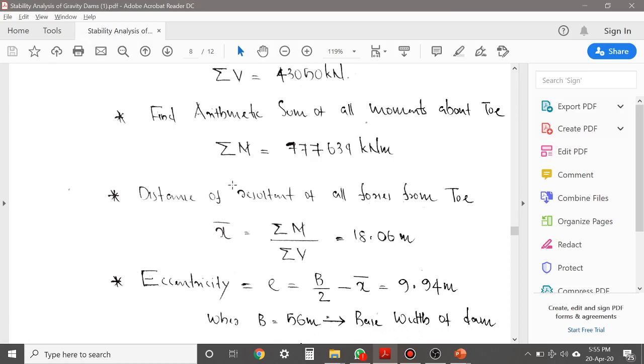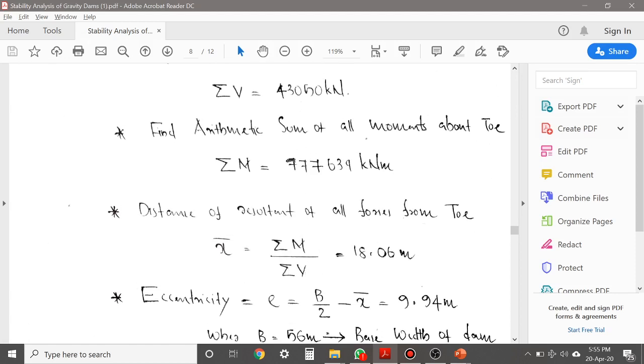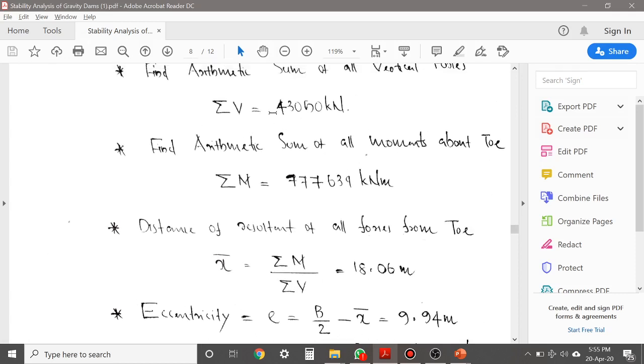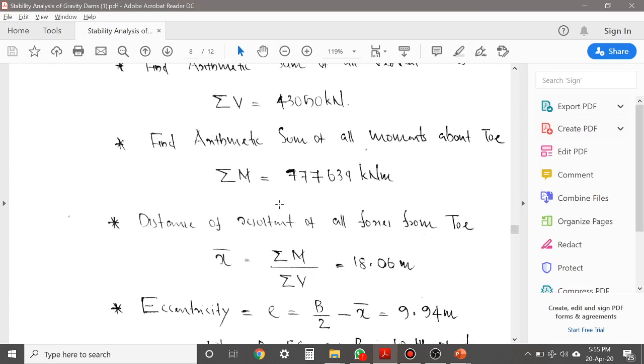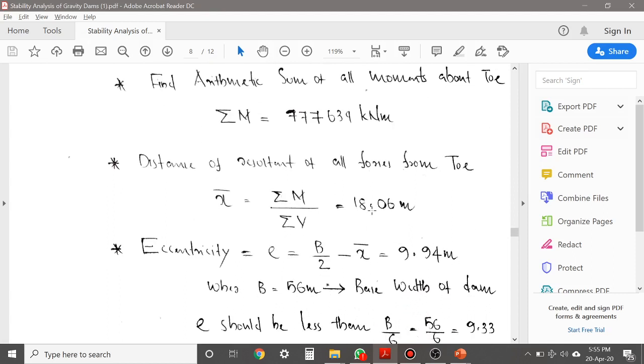So the resultant of all these forces will be acting at a distance from toe, that is denoted as x bar, equal to the sum of moments divided by the sum of vertical forces. See, the sum of moments you have the value here, and the sum of vertical forces you have the value here. You will be getting the value 18.06 meter. You can check along with your calculator.